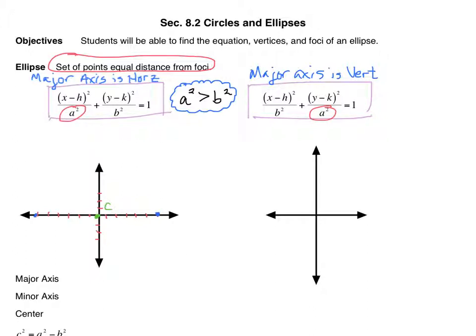Remember we said our major axes for this one is going to be horizontal, and so technically these are called the vertices. If MathXL asks you for the vertices and they only give you 2 ordered pairs, it's always the vertices on the major axes. But these are vertices on the minor axes. I'll only label the ones that are on the major. And then you want to connect those so that it looks like a football. Try to make it curved, as best curved as you can.